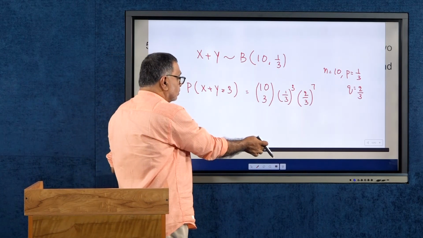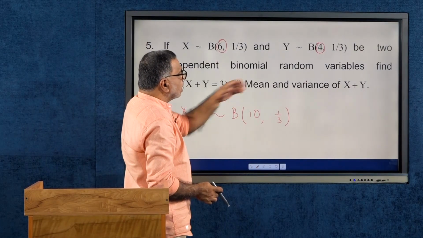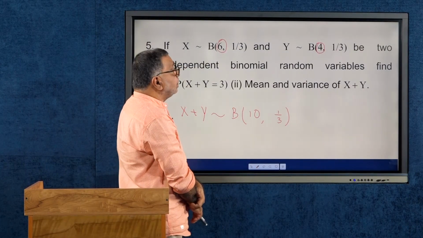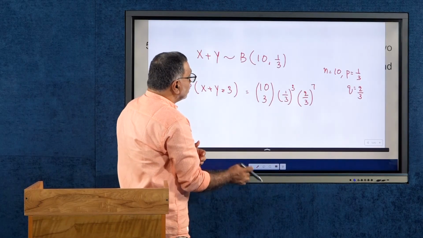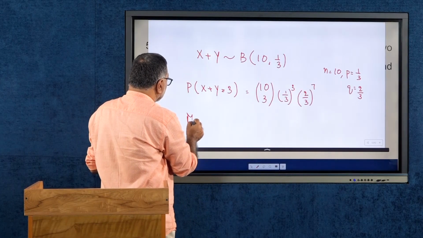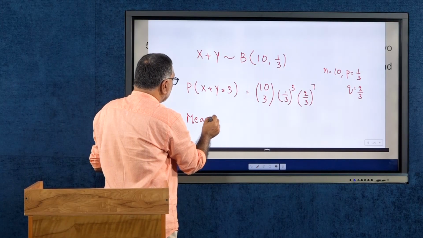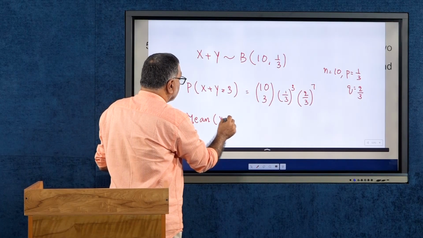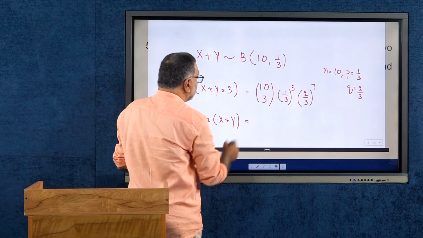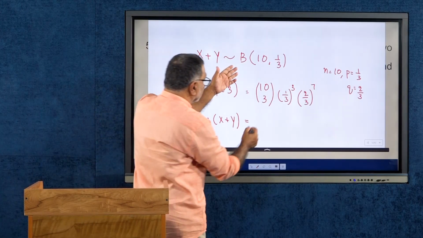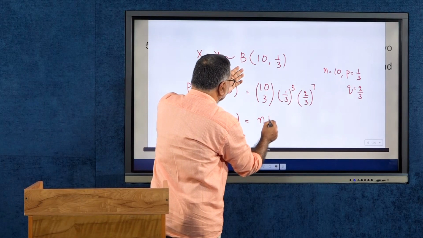And what is another quantity required? Mean and variance of x plus y. What is the mean and variance of x plus y? The mean of x plus y: from the binomial case, we know the mean is equal to np.